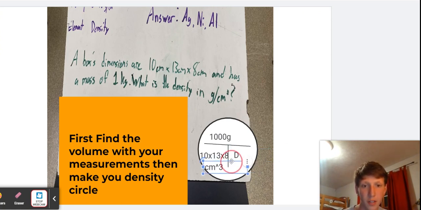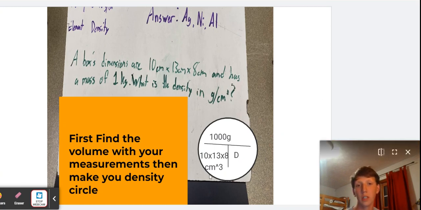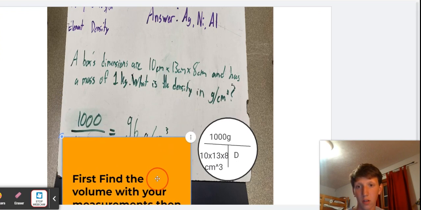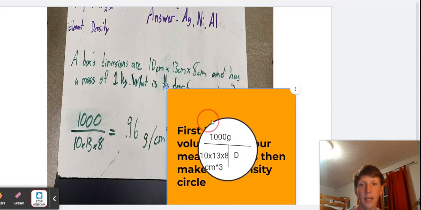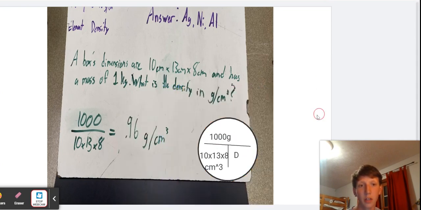And then we're going to have our density. In order to make both sides equal, we are going to need to divide our mass by our volume, which would look like this. We have our mass on top and our volume on the bottom, and then we are able to divide that out and calculate our final density for this problem.